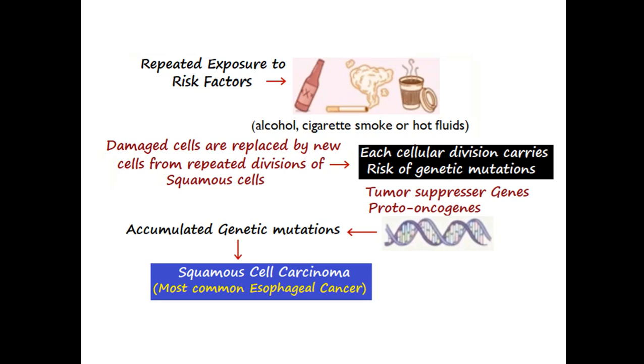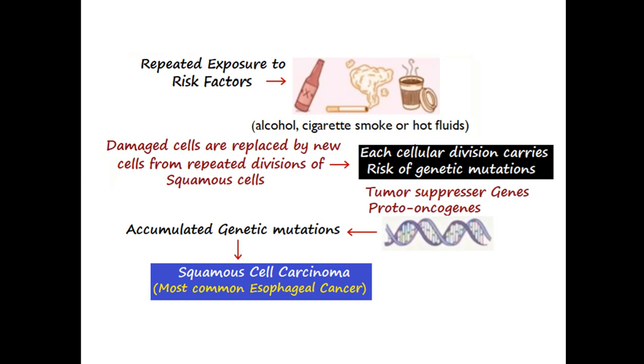So once the tumor suppressor gene, which acts like a brake in a car, becomes mutated, the cells with genetic mutations and damaged DNA will continue to divide, and they will not obey the rules and regulations of the cell cycle.